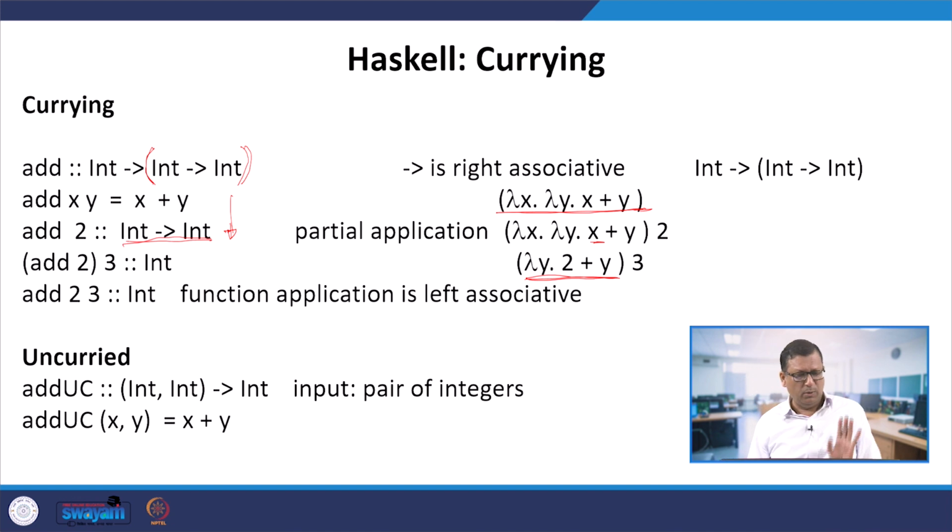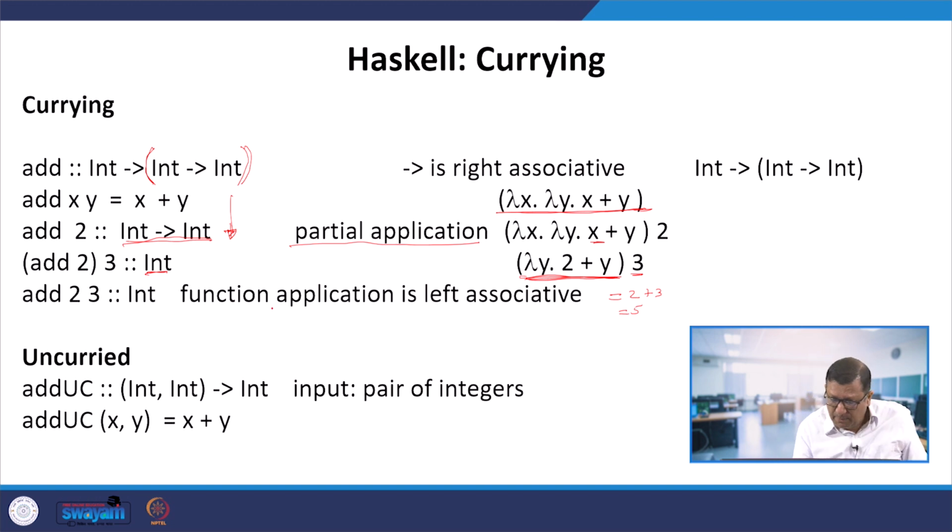I have given input only one parameter. If I stop here, it is perfectly okay in Haskell. So it is partial application. So add 2 then becomes a new function. We can call it add2 or add prime, whatever. Now add 2 when applied to 3 gives an integer. So the same thing happens here. Lambda y dot 2 plus y applied to 3, we get 2 plus 3, that is 5.